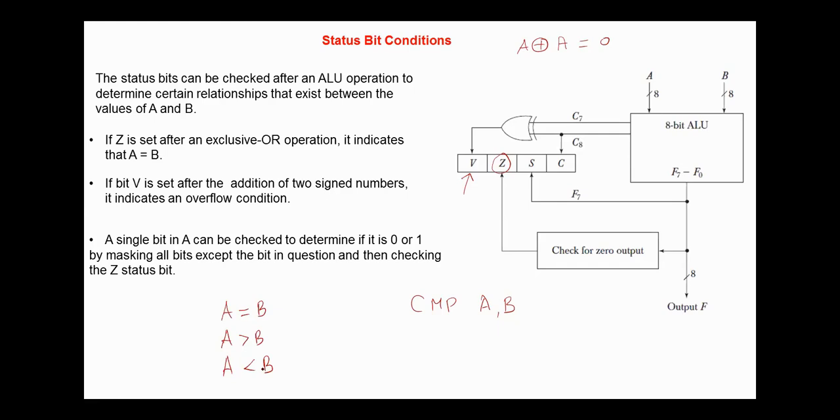A single bit in A can be checked to determine if it is 0 or 1 by masking all bits except the bit in question and then checking the Z status bit. Suppose, for example, that A equals 1101, and here we have X, the unknown bit, then 011, and here is the bit to be checked.